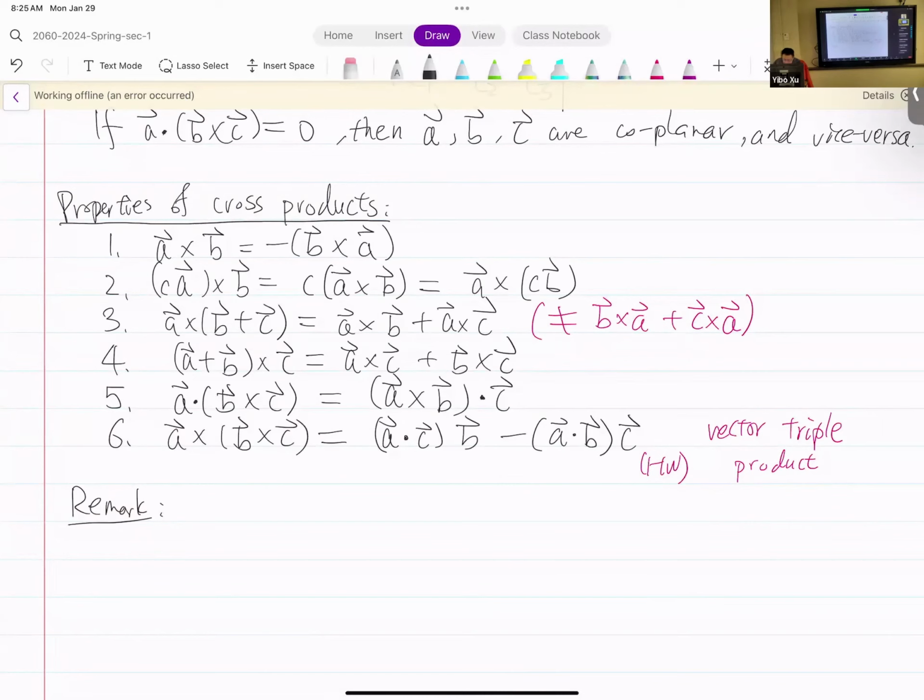I would like to quickly mention that some other formulas that you can easily come up with may not be true. For instance, is the cross product commutative? Actually, it's not. For certain instances of A and B it may be true, but it's not always true. So it's not necessarily true.